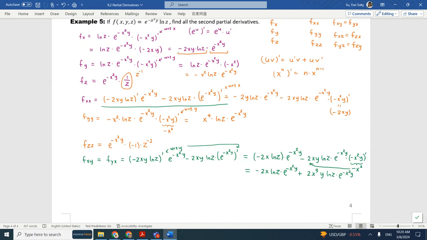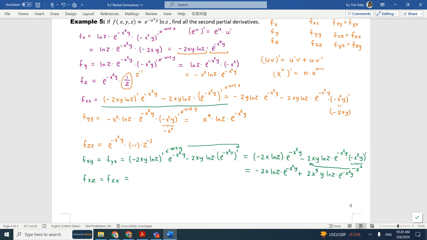This is fxy, and we still have fxz. Let's see, fxz. Oh, this is better. By the way, mixed partial: this is the same as fzx. Fxz is you take the derivative of fx with respect to z.